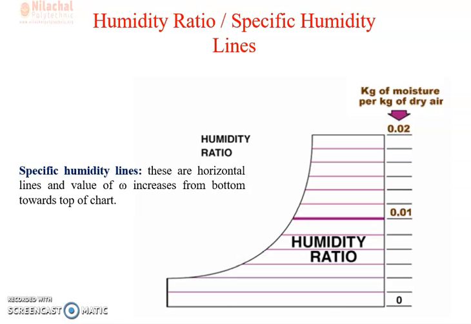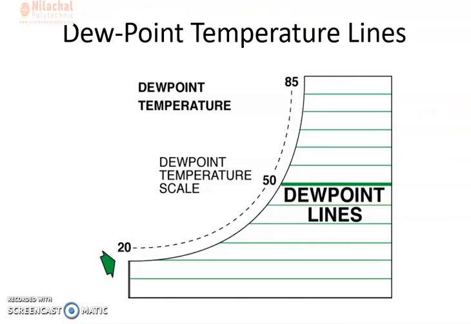These moisture content lines are drawn with a difference of every 1 gram, that is 0.001 kg, up to the saturation curve as shown in the figure.